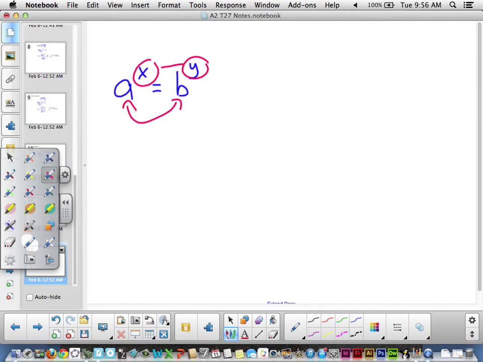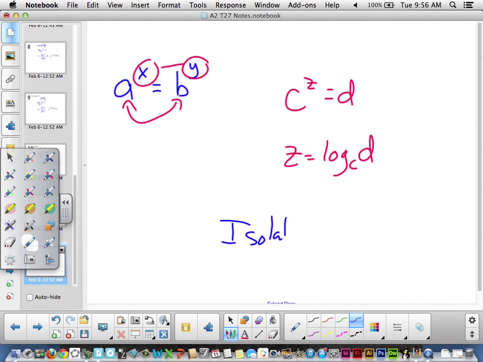Or you're going to have an exponent equal to a number, and if that's the case, you want to convert to a log. Always make sure if there's extra stuff, you isolate your exponent first. And then you do your logarithm.